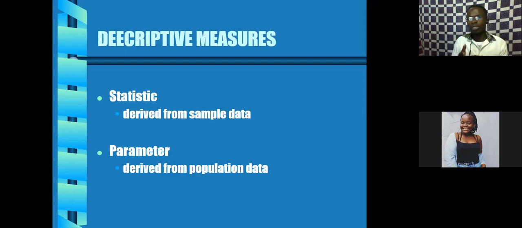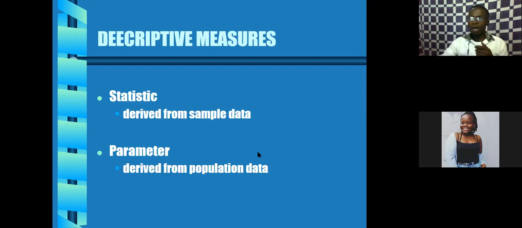But when you're talking about, for example, the cases themselves, or in a class where you look at the results, then that is a statistic. So for a parameter, you're dealing with a population, and for a statistic, you're dealing with sample data.